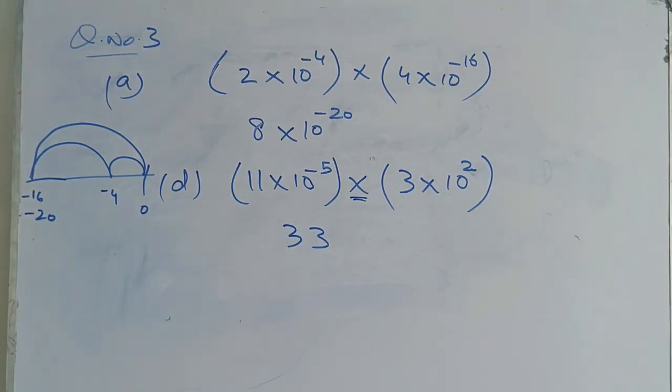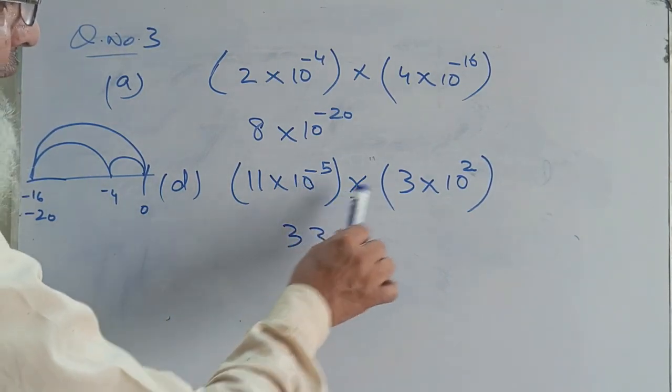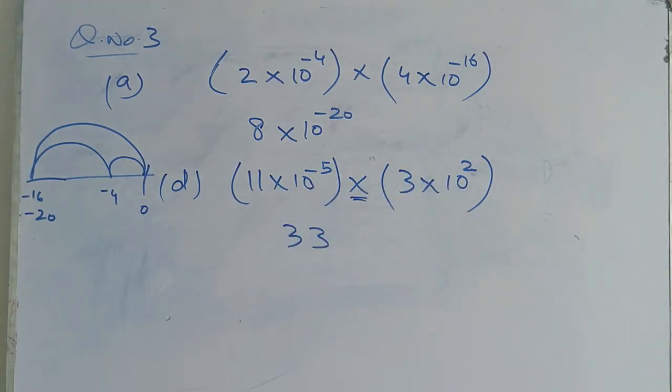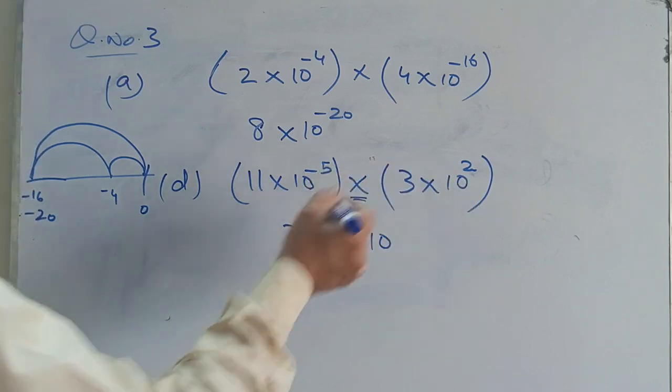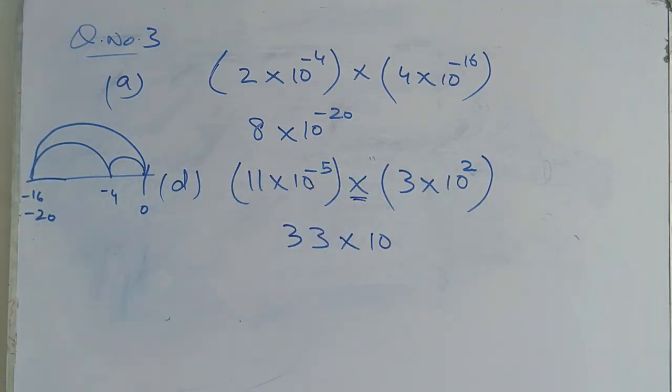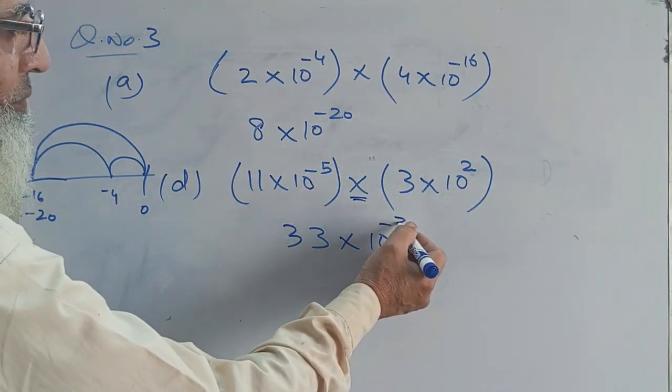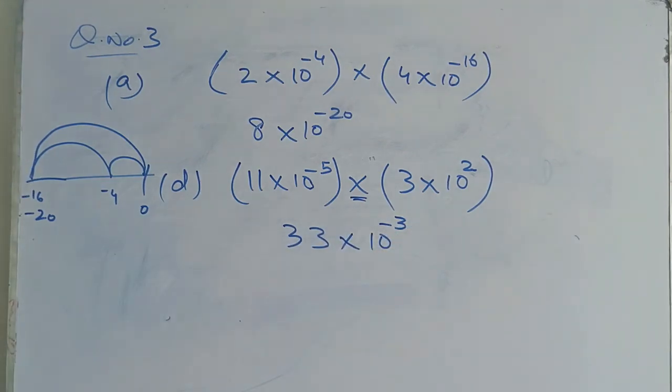And adding these powers up, 10 raised to power 2 minus 5 will give us minus 3. And if you do it on the number line, you will again get minus 3.